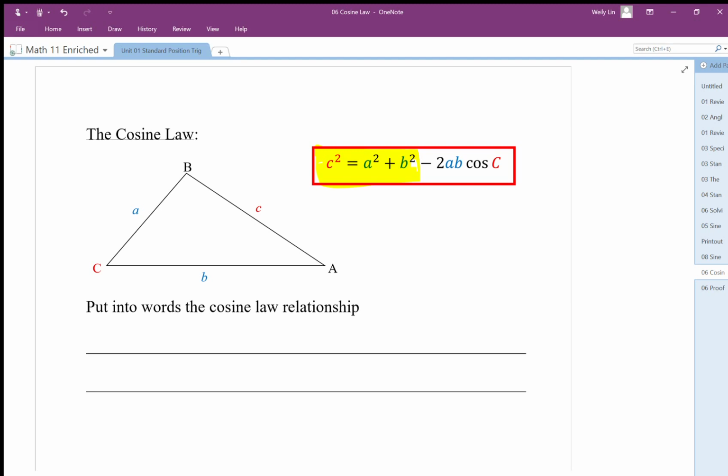You just basically need to know that it is essentially the Pythagoras theorem adjusted to account for non-90 degree angles. So that's how we're going to describe it. The cosine relationship is basically the Pythagoras relationship.